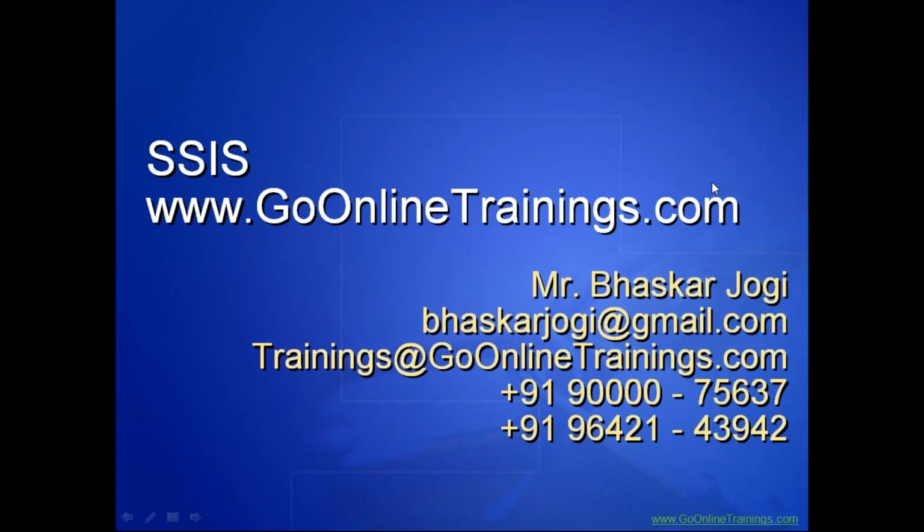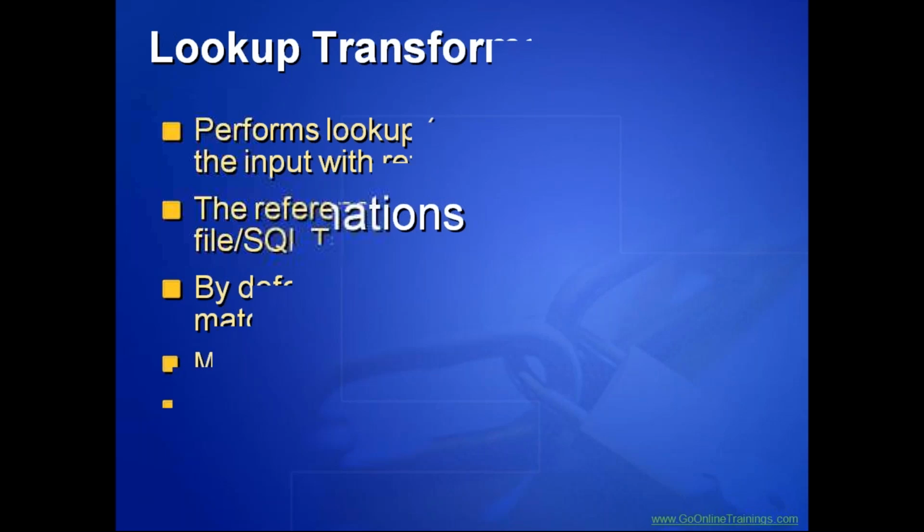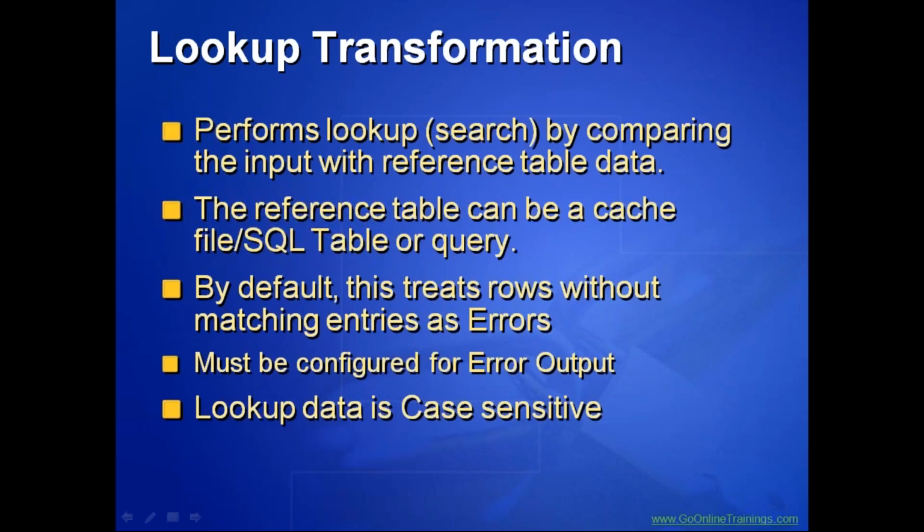So yesterday we were talking about lookup transformation, right? Lookup performs a searching operation, comparing the input with the reference table data. The reference table can be a cache file, a SQL table, or a query. By default, rows without matching entries are treated as errors, so they must be configured for error output.